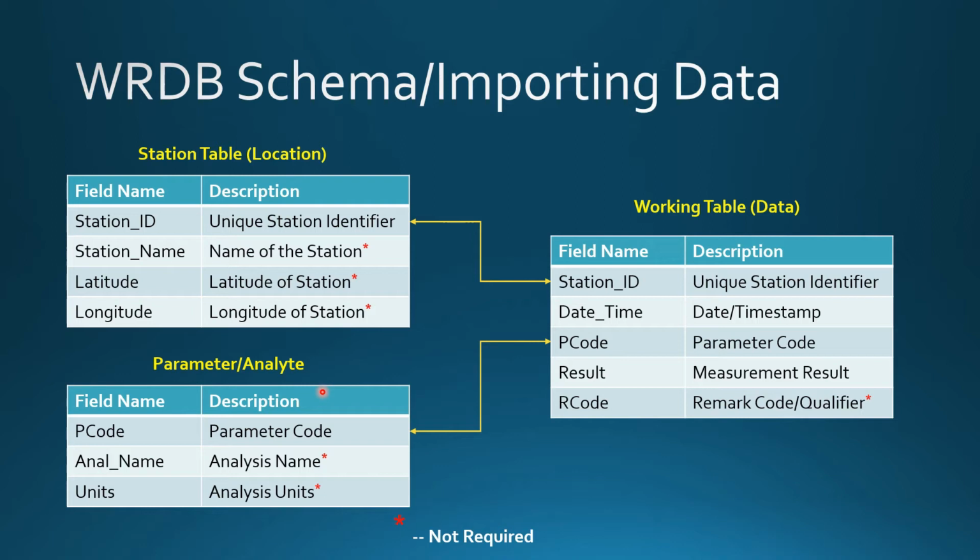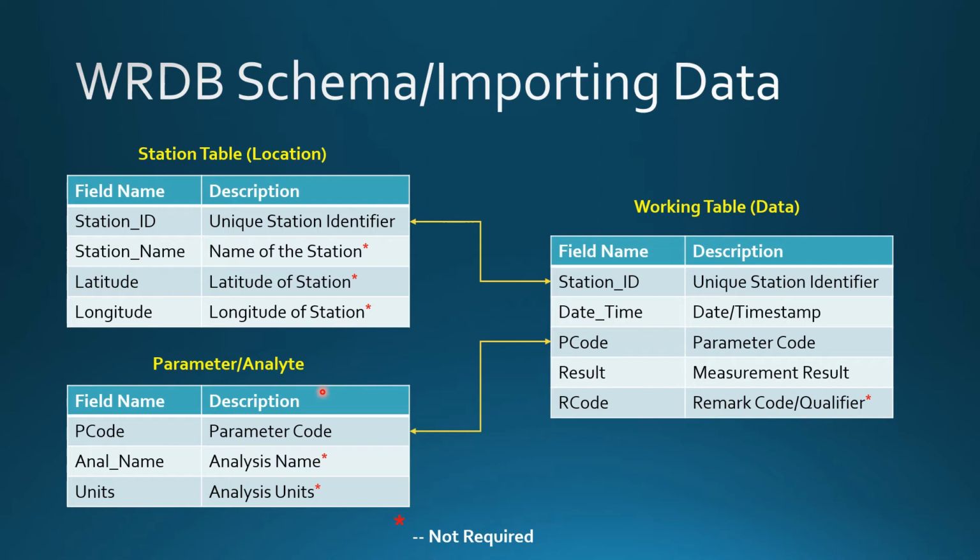And then lastly is the actual data table. And in WRDB, you could break up the data tables into multiple working tables, so you don't have to store it all in one table. But the fields that are shown here, 4 of those 5 are definitely required for it to be a valid data point for WRDB. The first one is a station ID, which is related back to the station table, and it's a unique station identifier. It has to have a date timestamp associated with it, which basically says the time that the sample was collected, or the date and time that it represents.